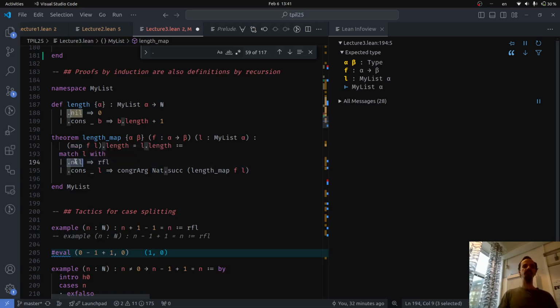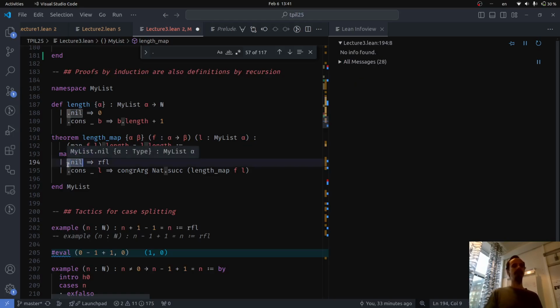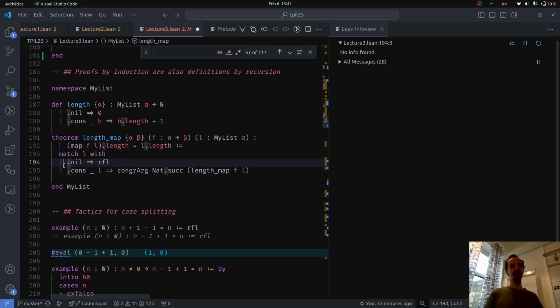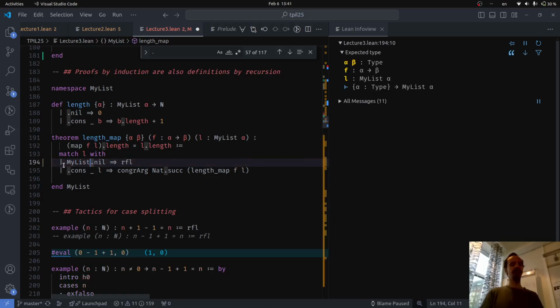This syntax in general just means find a function that has, so it's like when I write dot nil in this position, Lean is expecting me to write something whose type is the same as the type of L, so it's got to be a MyList A. And so when you write this dot and then dot something, and it's expecting a MyList, it will look in the MyList namespace. Is there a definition called MyList.nil? And there is. So it interprets this as, I guess you wanted to say MyList.nil.